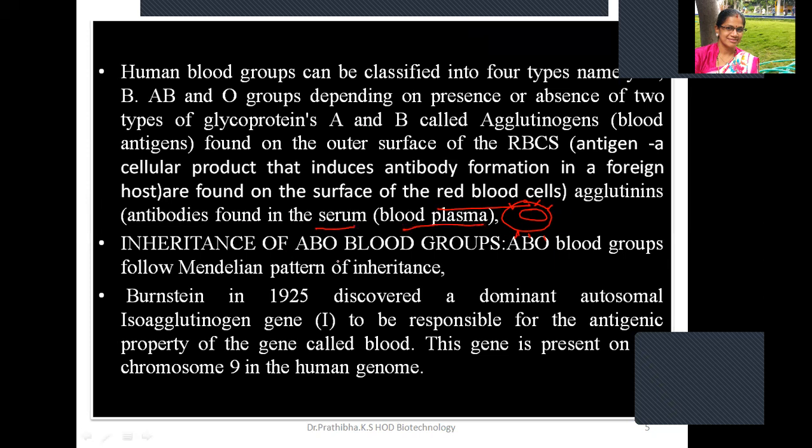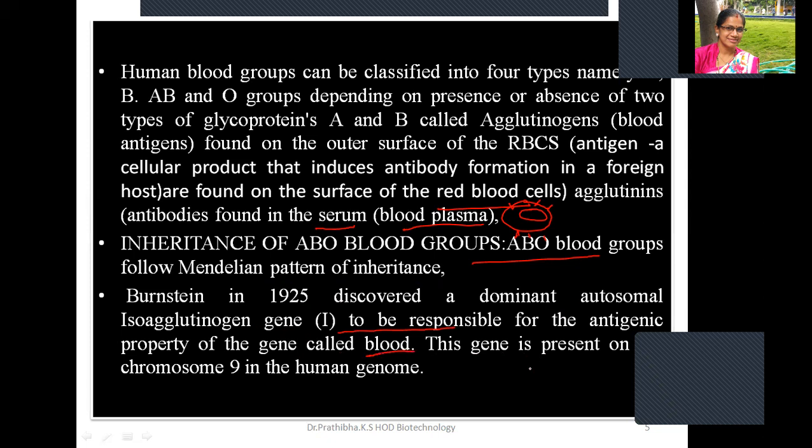Now, inheritance of ABO blood groups. The ABO blood group follows a Mendelian pattern of inheritance. Bernstein in the year 1925 demonstrated that a dominant autosomal agglutinogen gene, that is I, is responsible. This is responsible for the antigenic property of blood.